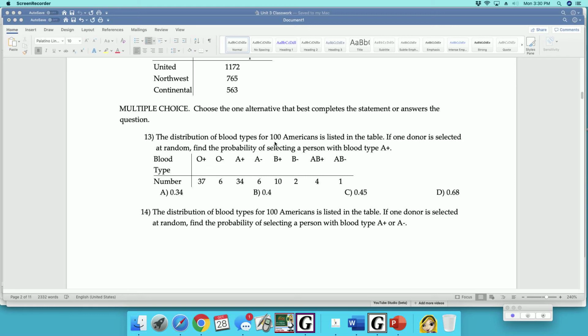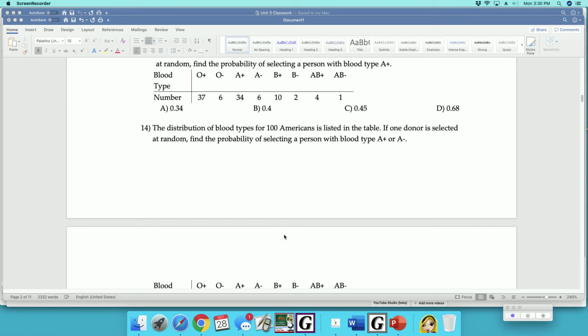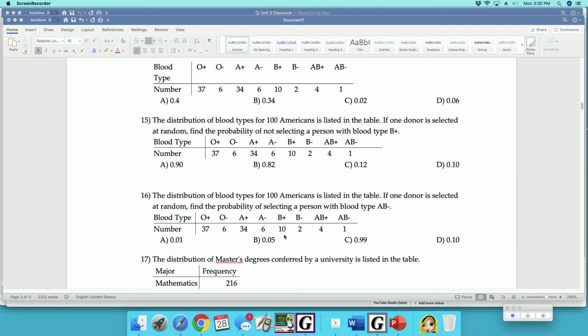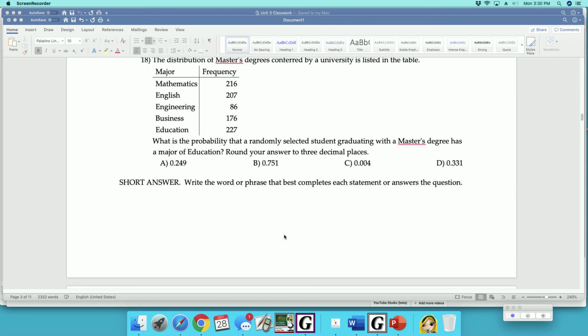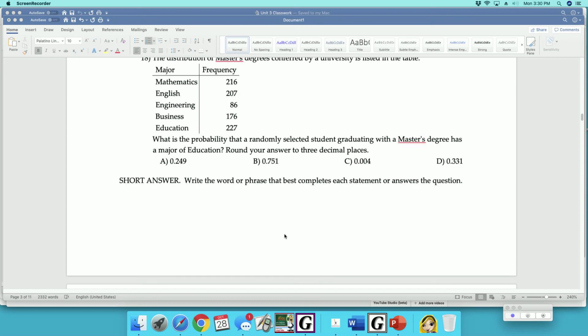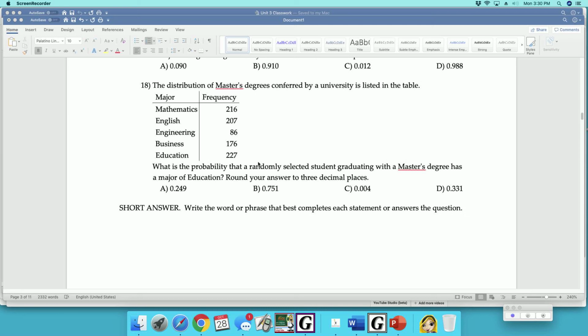Your sample size is 100, so it's 34 divided by 100. That's how you do this section. Remember, look at 18. When you have a table like this, make sure to get the sample size, add up all of these.